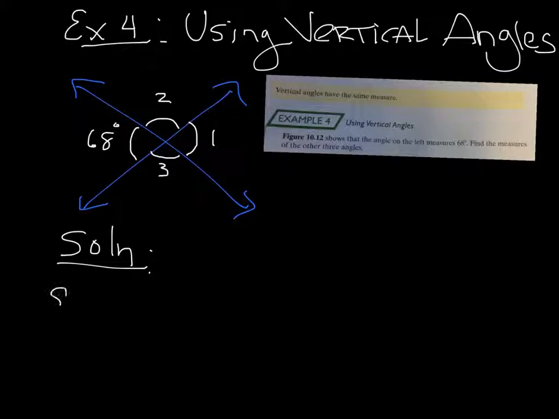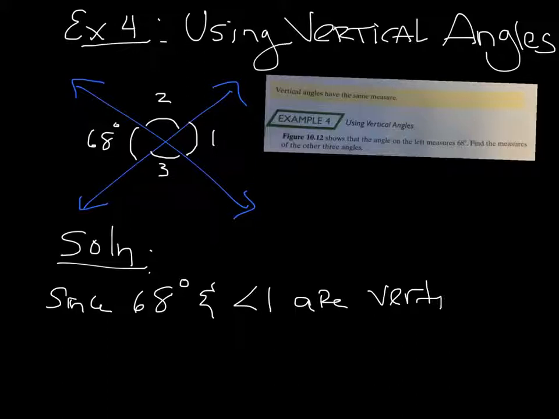So since, with proofs, we need to write out, I need you to explain yourself. So since 68 degrees and angle 1 are vertical angles, right?